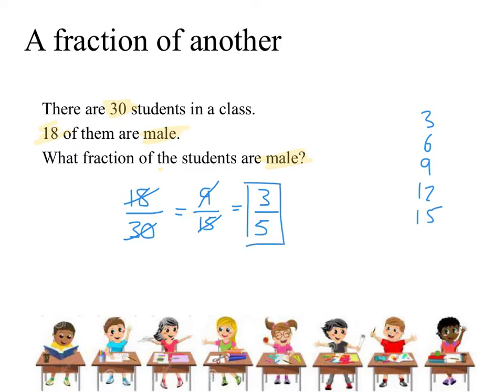Let's try another. I've got my highlighter. Write £5 as a fraction of 20. Okay, so I want 5 out of 20. Can I simplify them? What times table are they both in?